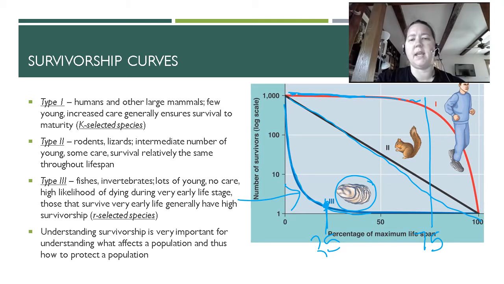So you end up getting lots of young with very low survivorship, but the adults that survive are actually the best at surviving. That sounded weird. Okay, the best adapted. So those are known as R-selected species. Okay, so they have lots of young.